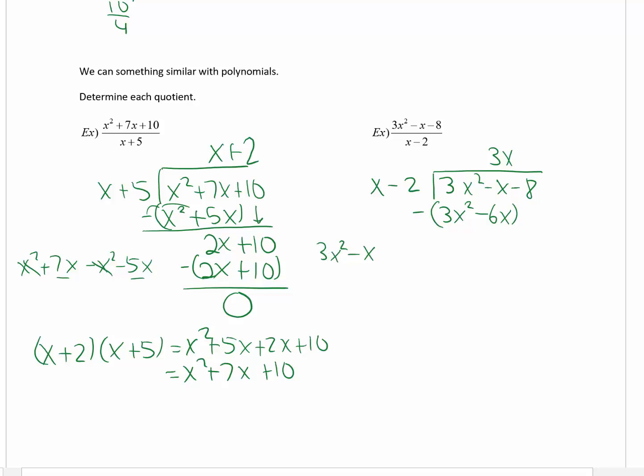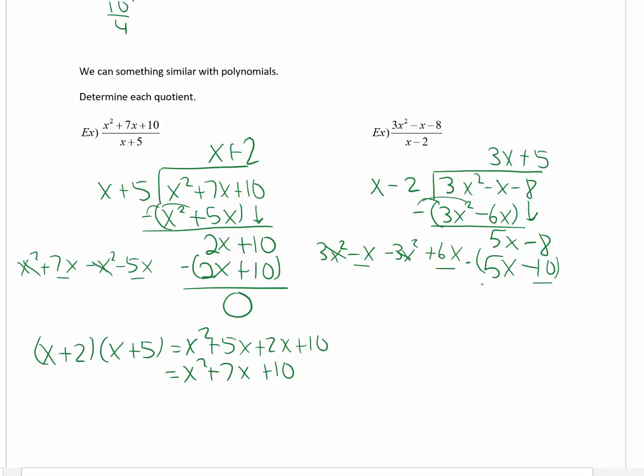3x squared minus x. Distribute the negative. The 3x squareds divide out. Negative x plus 6x, that's 5x. Bring down the next term, that is negative 8. Now, what do I multiply this leading term by to get this leading term here? Well, that's a positive 5. 5 times x is 5x, and 5 times a negative 2 is a negative 10.